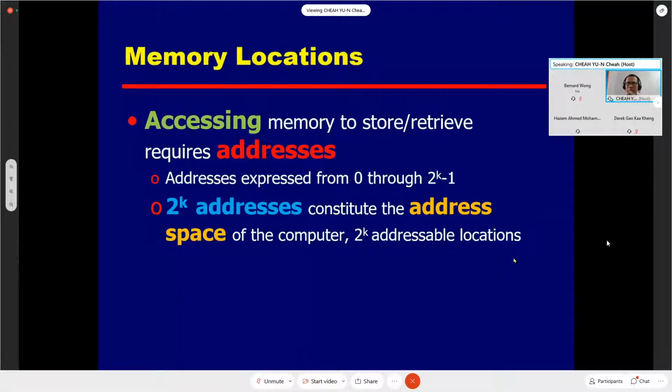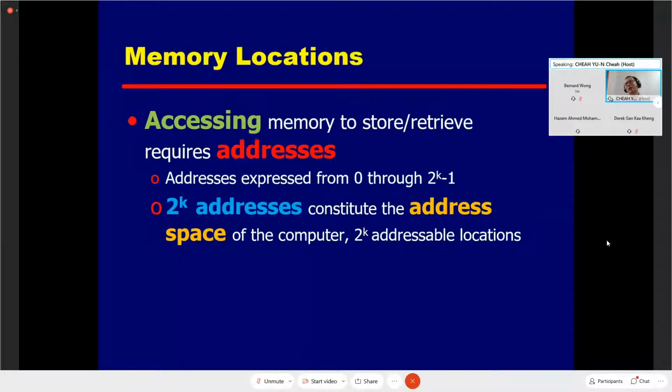The K here indicates the number of bits. The K refers to the number of bits of the word? No, the word has nothing to do with the number of locations. The K is the number of bits required to address the number of locations that you have.